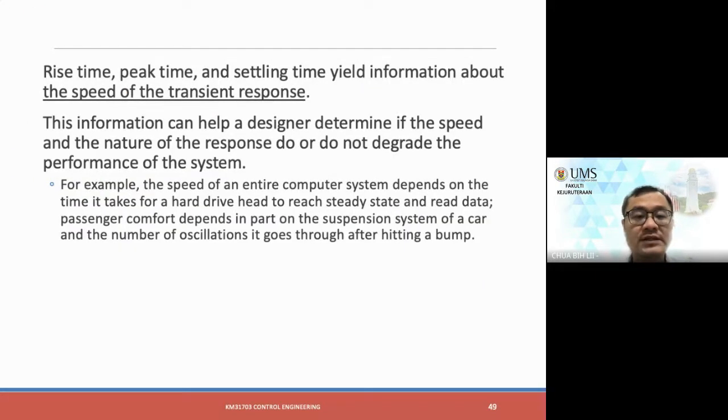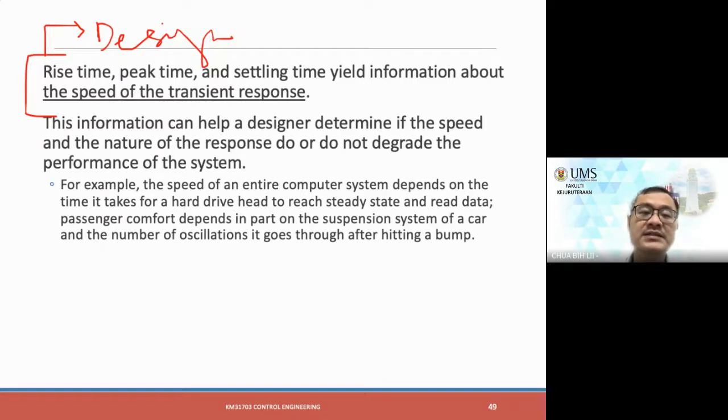So all this information will again help the designer to see whether the speed is reasonable or not, whether it would degrade the performance of our system or not. These characteristics would be used when we come to the design later on, because when we come to the design stage, we would have a desired target.